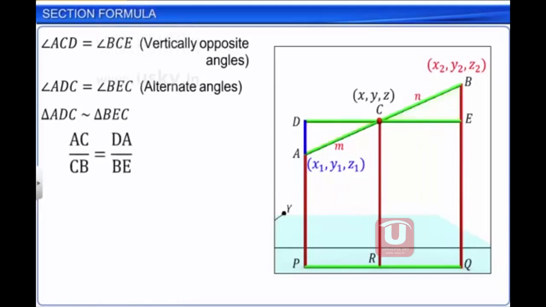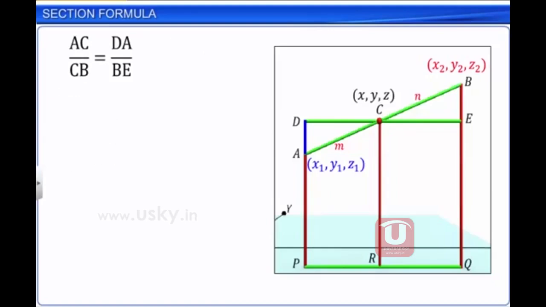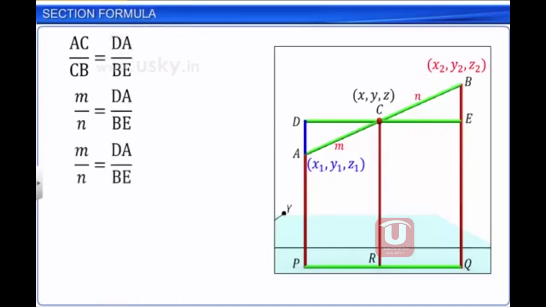From the figure, we can observe that the left-hand side of this relation is equal to m divided by n. On the right-hand side, we can observe that DA is equal to DP minus AP and BE is equal to BQ minus EQ. Since DPRC and CRQE are parallelograms, we can observe that DP and EQ are both equal to CR.